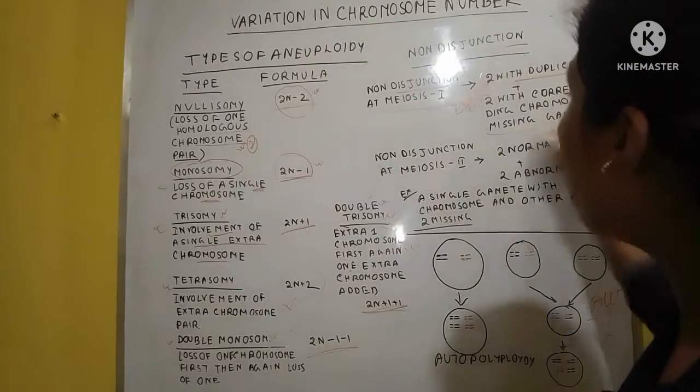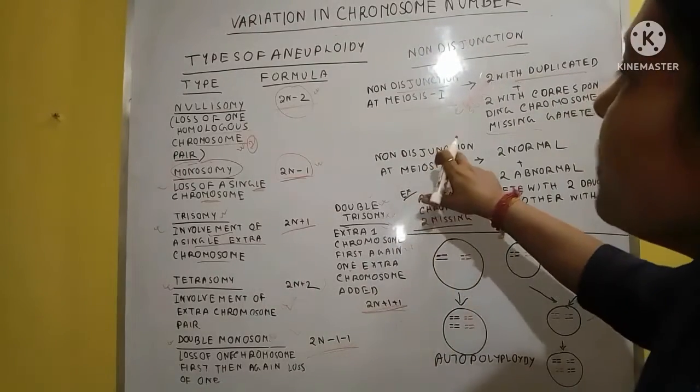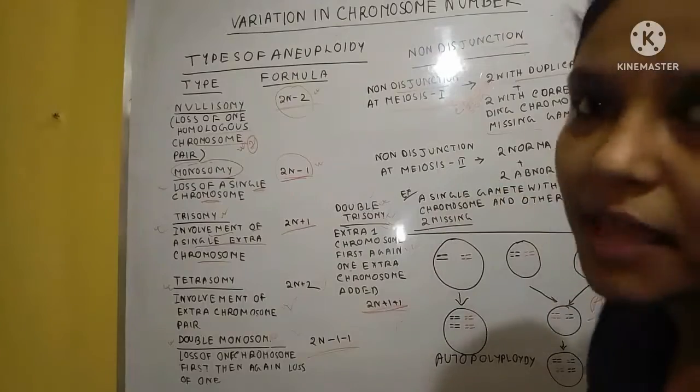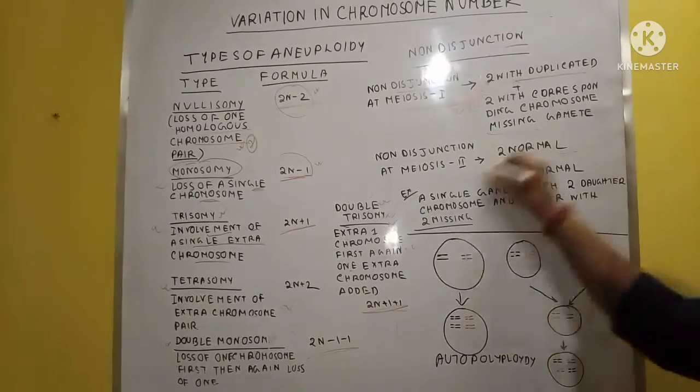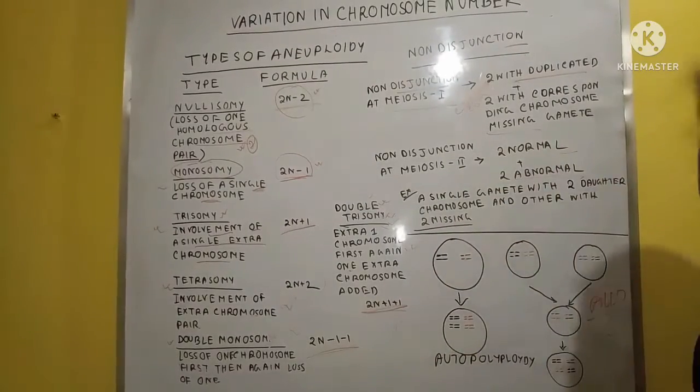In case of non-disjunction occurring during meiosis 2, what happens? Here two normal gametes are formed and two abnormal gametes are formed. Clear?